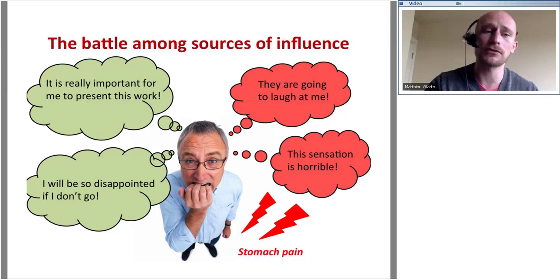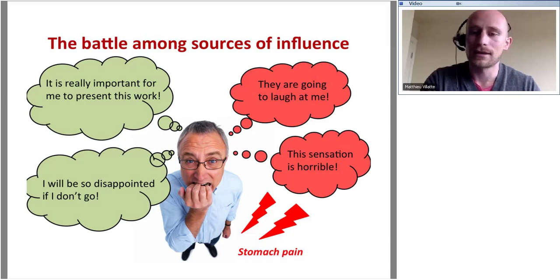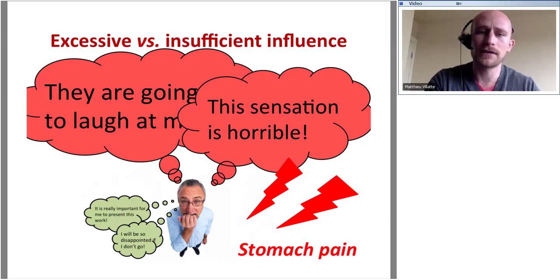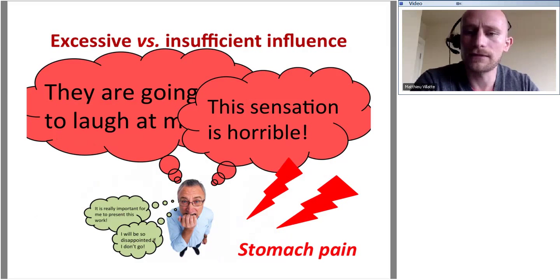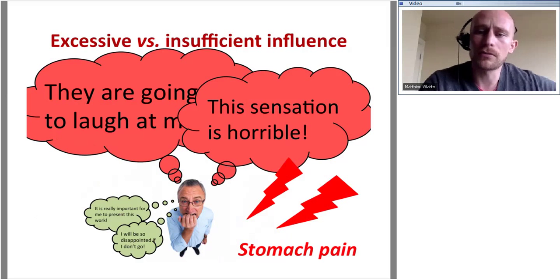On the other side, it's really important for me to present this work. I will be disappointed if I don't go. So you see there is a potential for going in different directions, either value-based or more linked to a sort of short-term satisfaction or relief. And depending on what will have most influence, we see here if the thoughts around avoiding, the idea that the sensation is too bad, horrible, unbearable, take more space than the thoughts that could take this person more toward his values, then we would talk about fusion.